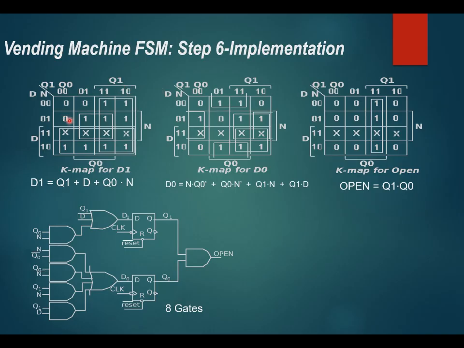Okay, so you fill out the Karnaugh map based on the encoded state table. For the D1 column, when the present state, represented by bits Q1 and Q0, is 00, the next state bit D1 is 0 based on the encoded table. So just fill up 00, 1x, 01, 1x as listed in the encoded table.